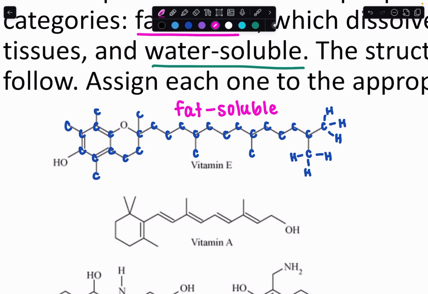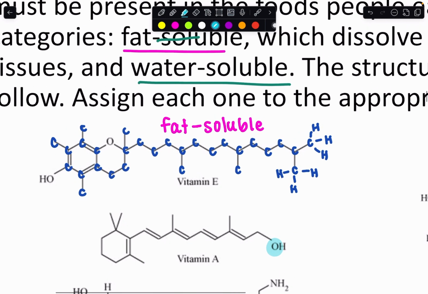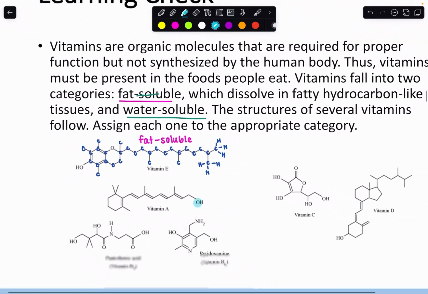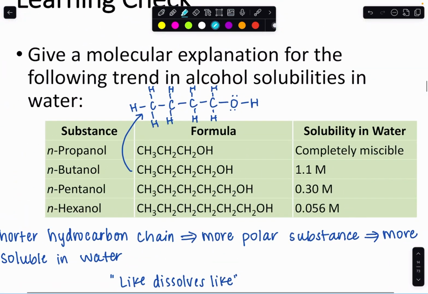Vitamin A, see the same thing. The only atom present that's not a carbon or hydrogen is this oxygen right there. Just one oxygen, and there are a lot more carbons and hydrogens present. This is a fat-soluble vitamin as well. Remember back to, I'm going to scroll up real quick to this learning check.